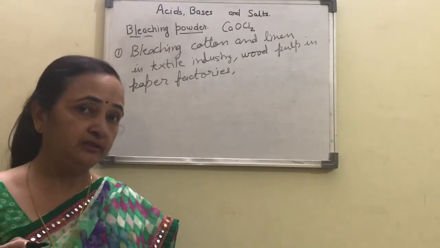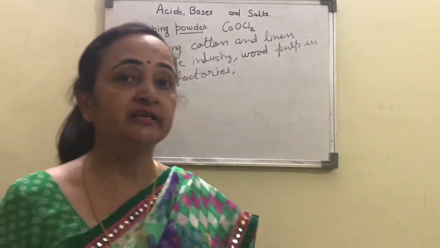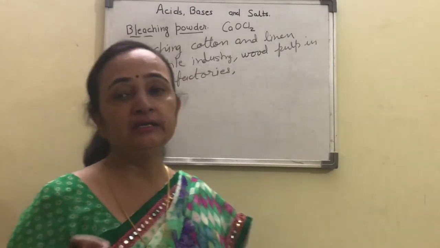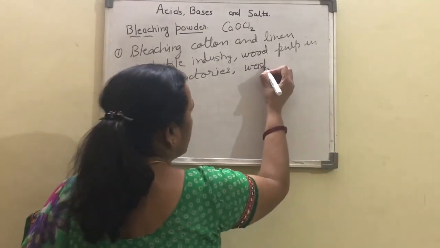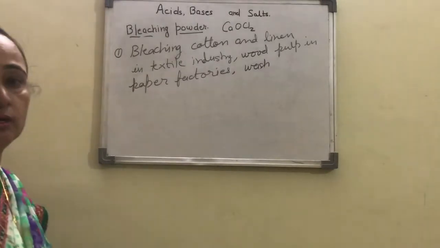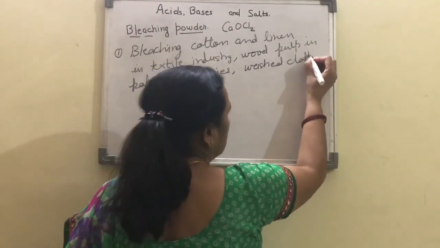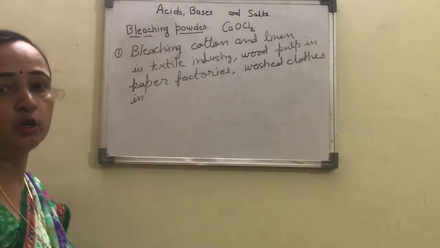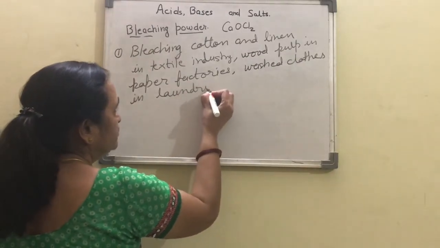You know that we give clothes to the laundry for bleaching and cleaning. So they use this bleaching powder for cleaning, and it is also used in washing. It is used for bleaching washed clothes in laundry.